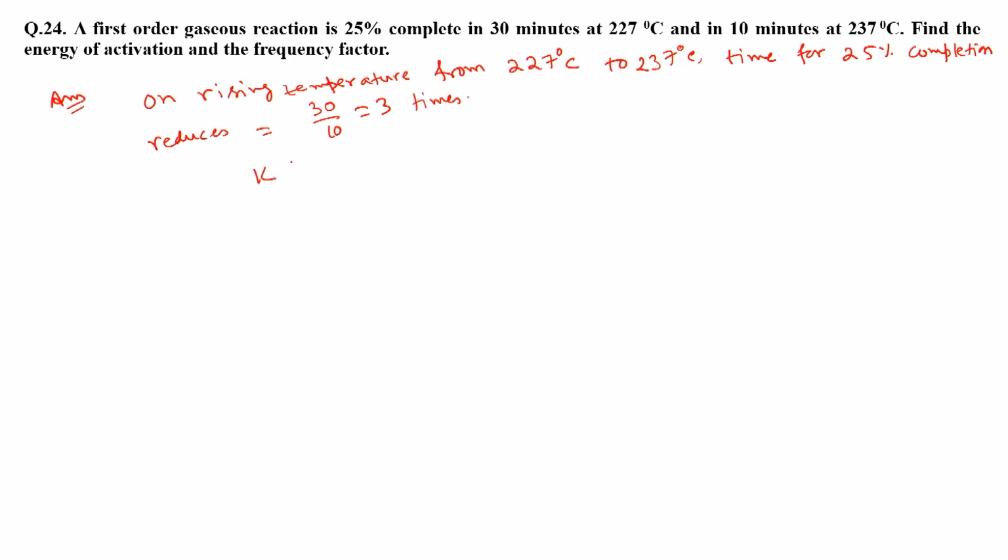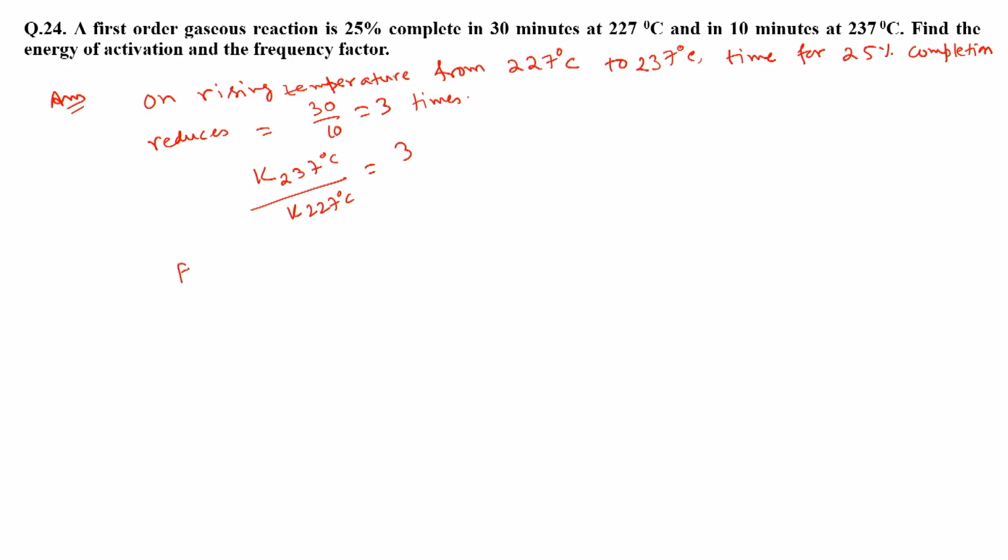So, K at 237 by K at 227 degrees Celsius is 3.